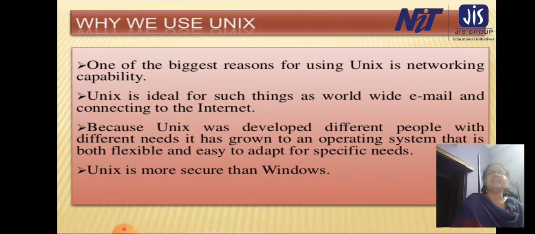So we can say that the Unix operating system supports some of the features and capabilities due to which users prefer Unix.